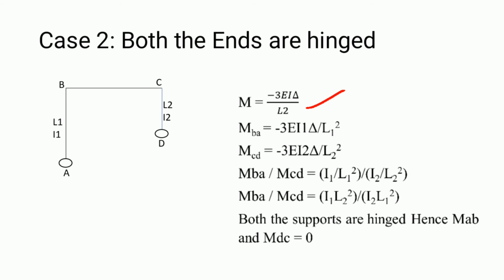So similarly, for CD, the additional moment is equal to minus 3 EI2 delta divided by L2 square.